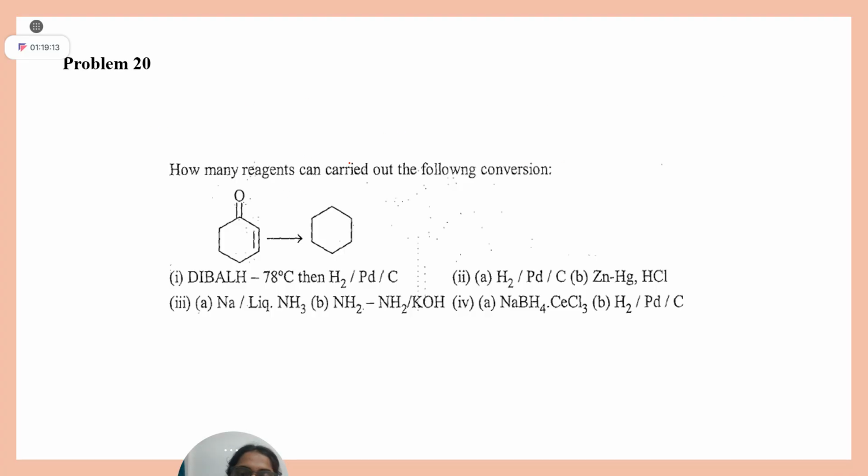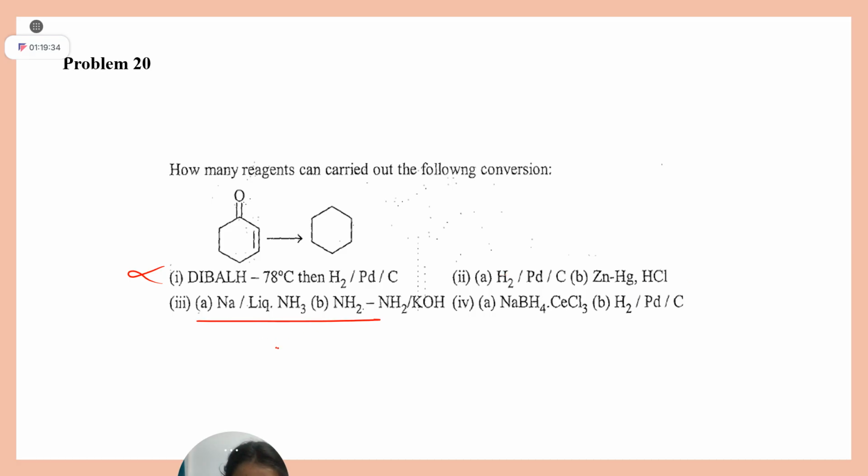First is your DIBAL-H. See, one thing is clear, you have to deoxygenate. DIBAL and all are hydride based reducing agents. They can't help in deoxygenation, yes or no? So you can delete this option. Now there are two options left.